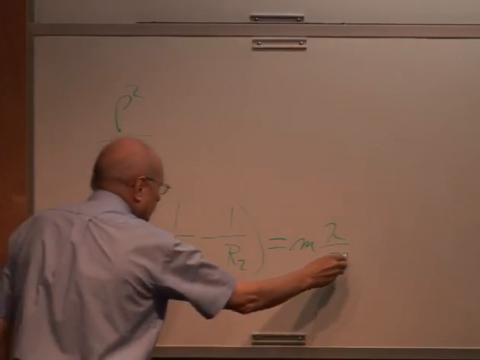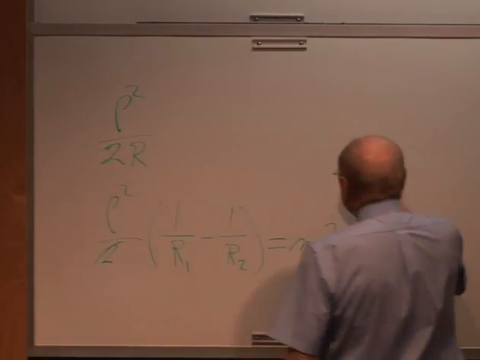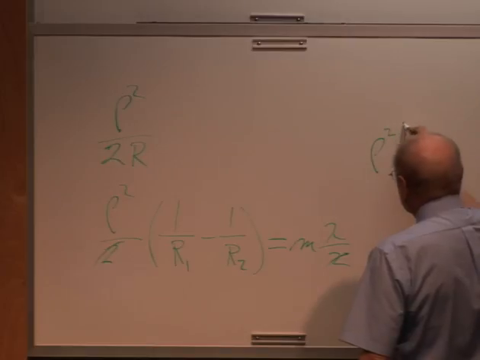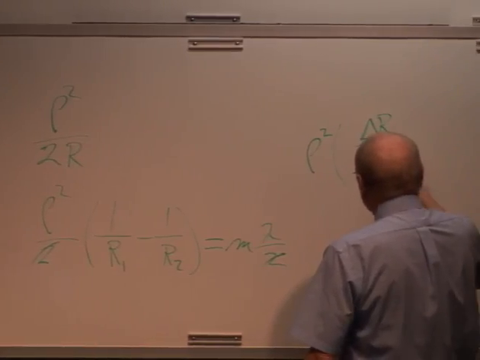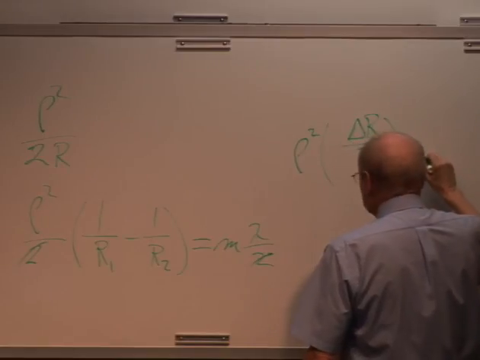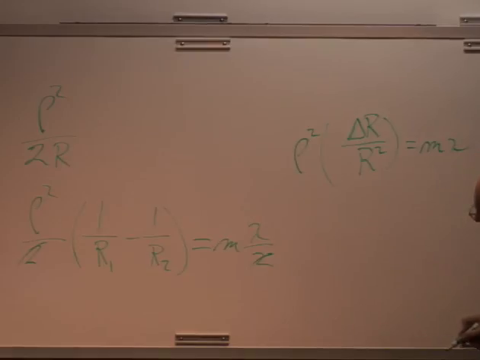And so the 2's are canceling. And we could write this as just rho squared times delta r over r squared is m lambda.